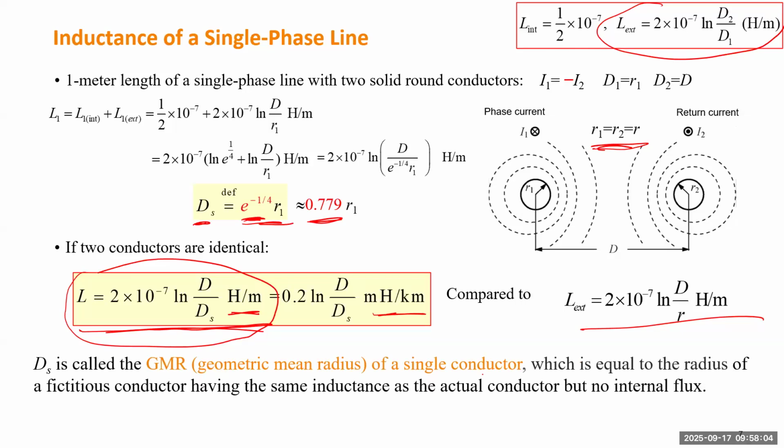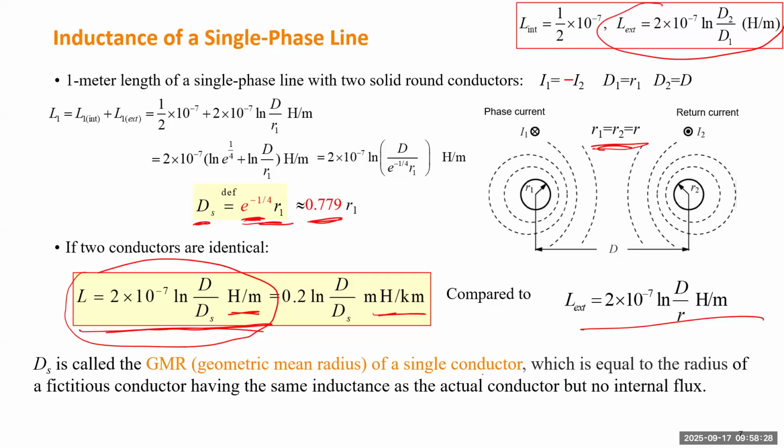So ds here is called the GMR for a single conductor. It is equal to the radius of a fictitious conductor having the same inductance as the actual conductor, but no internal flux. We know that's not possible based on the physics of this universe.